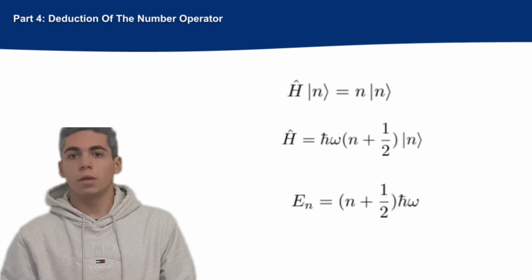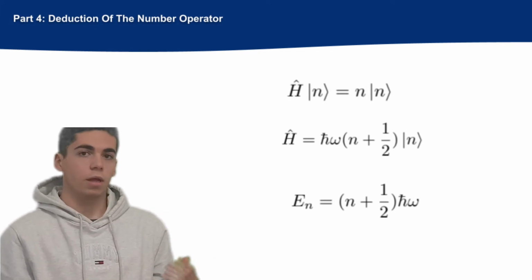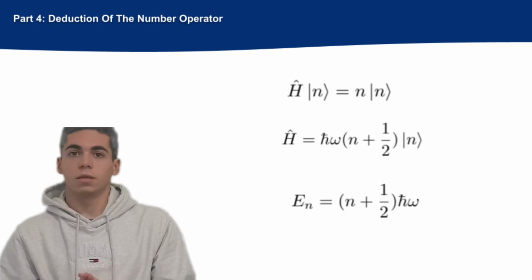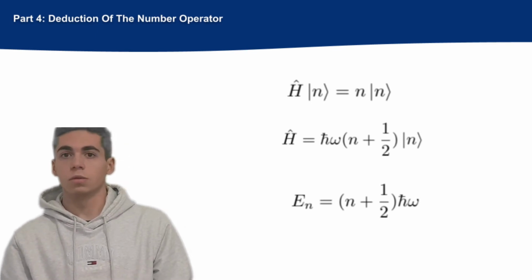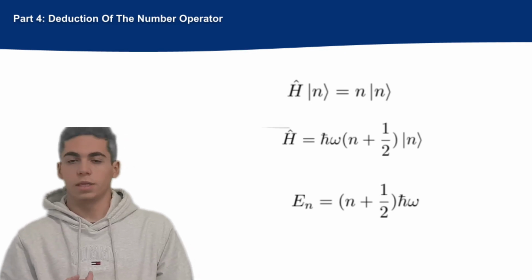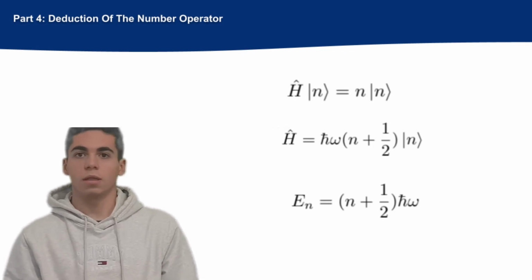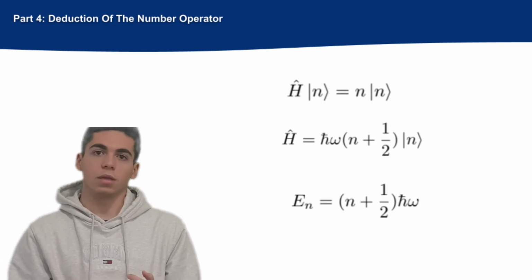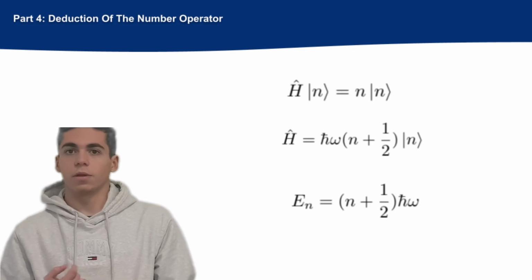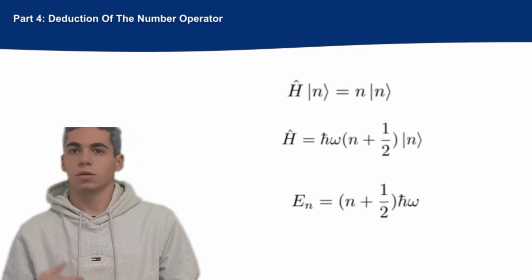For that we will use the operator a and the operator a dagger. First of all, we give names to the operators a and a dagger. The operator a is the descending operator, and the operator a dagger is the ascending operator.